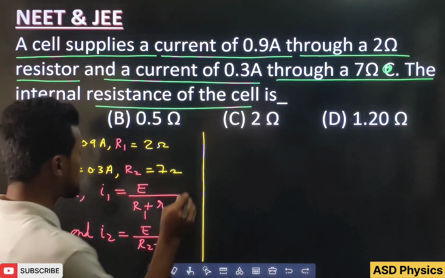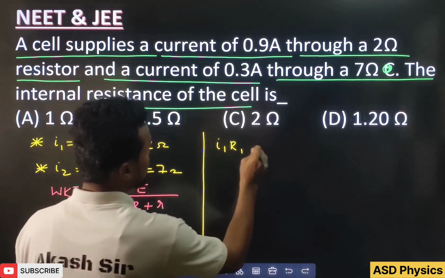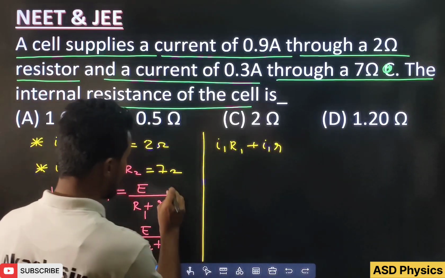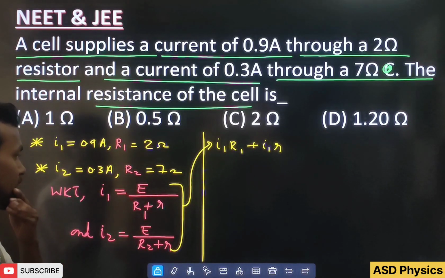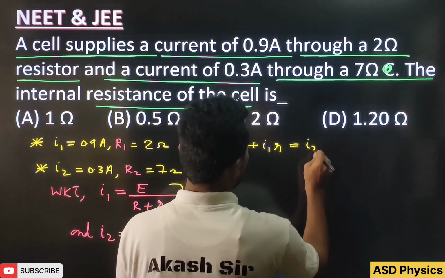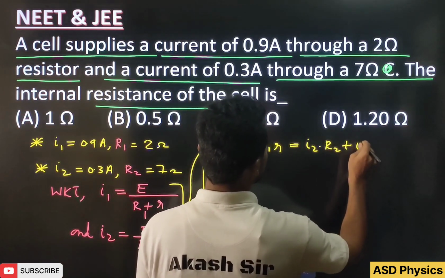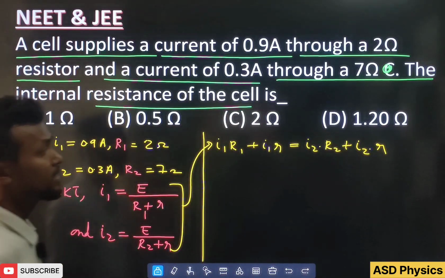So capital E equals I1 R1 plus I1 small r. And here capital E equals I2 R2 plus I2 small r. Correct? Both the sides capital E we have equated.